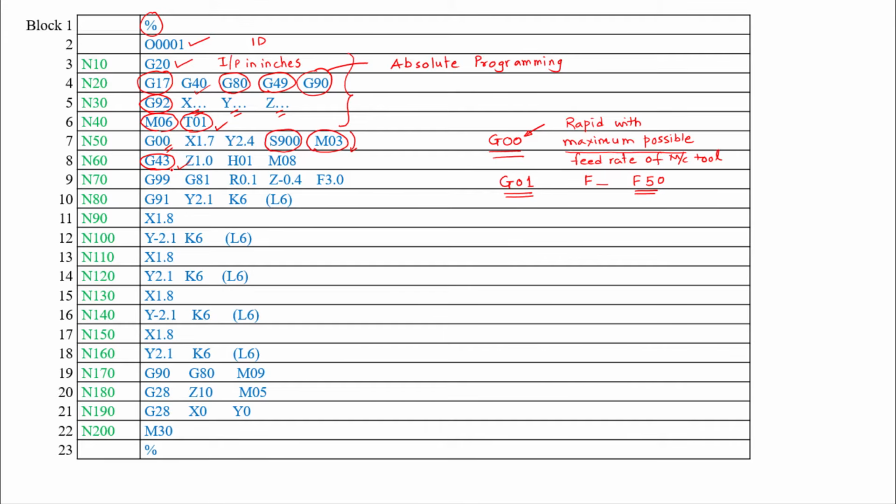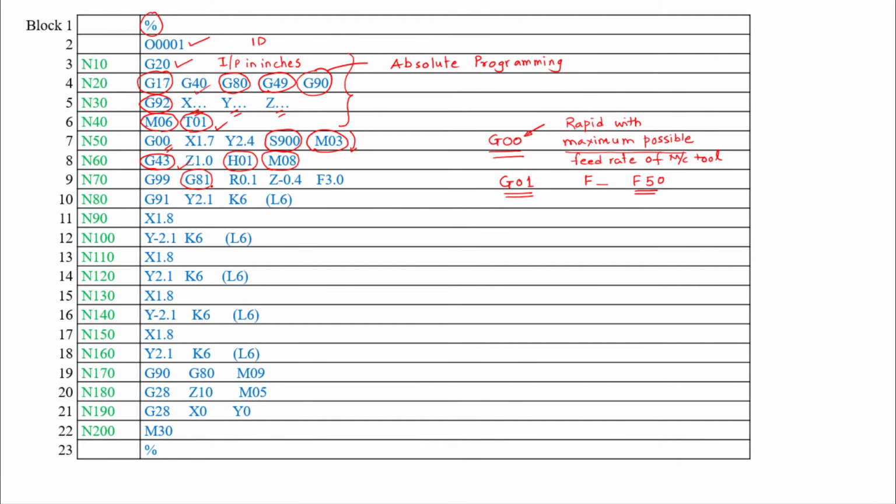When we are using G43, we have to mention the register H01, which is the information about the length of the tool T01. When the tool is approaching the workpiece, we are making the coolant on as well. So M08 is the flood coolant on command. And when the tool comes to a safe position above the workpiece, then we are asking the tool to carry out the drilling operation.